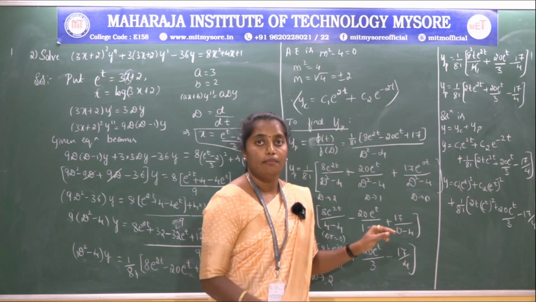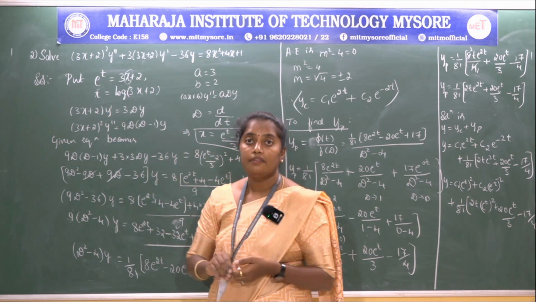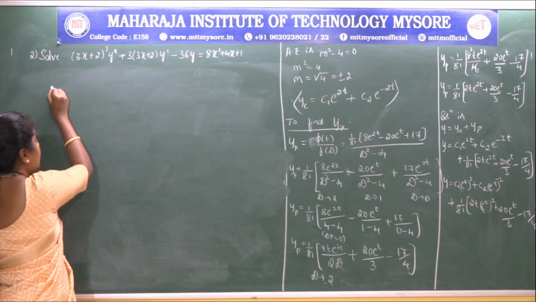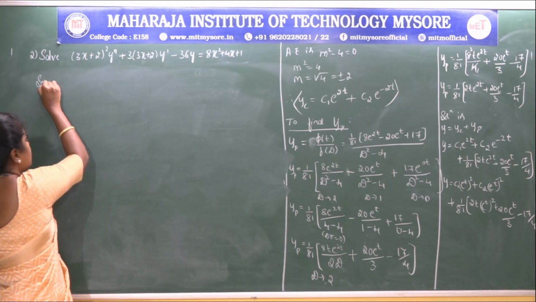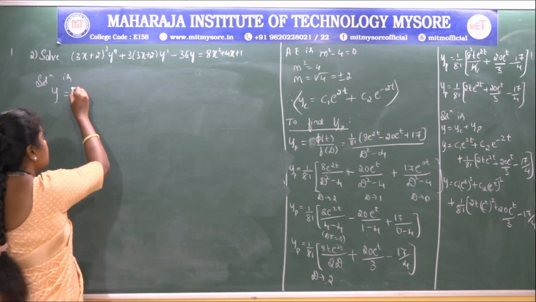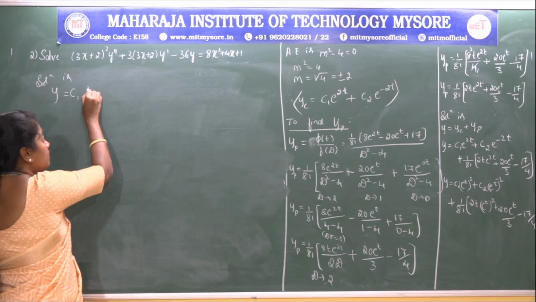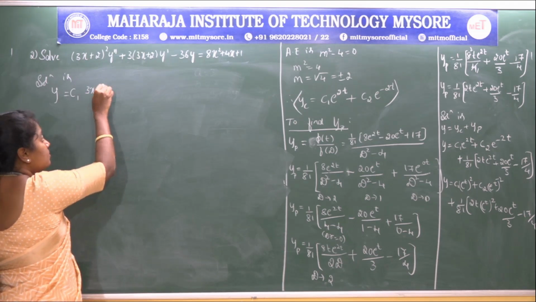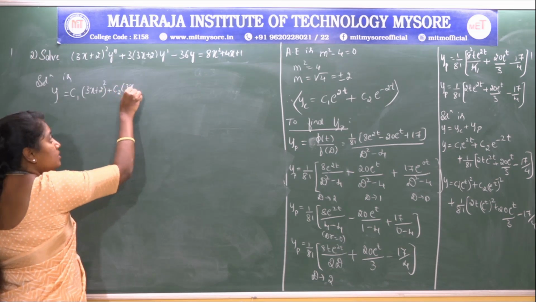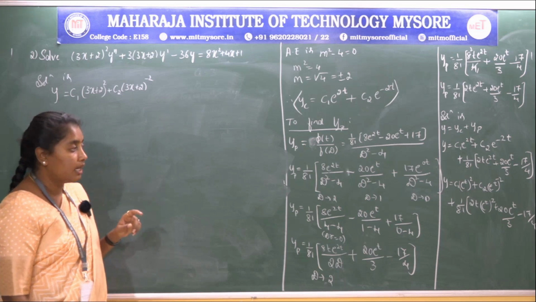So the remaining part is we have to replace the variable t in terms of x. On replacing t in terms of x, we get the final solution, that is y is equal to, in the first term, c1 e power of t. e power of t is equal to 3x plus 2, whole square, plus c2 times 3x plus 2 to the power of minus 2.